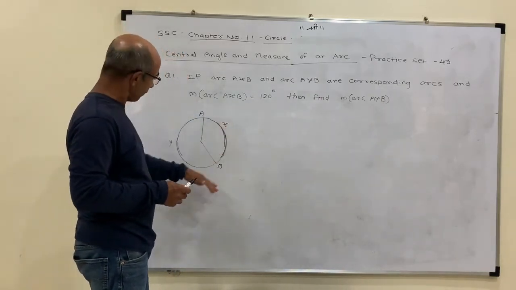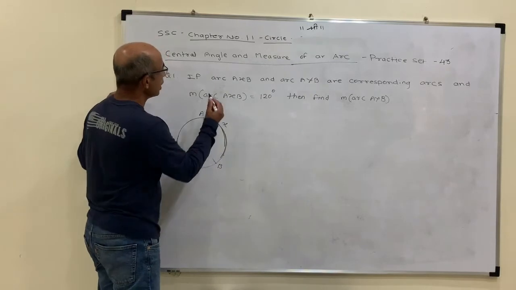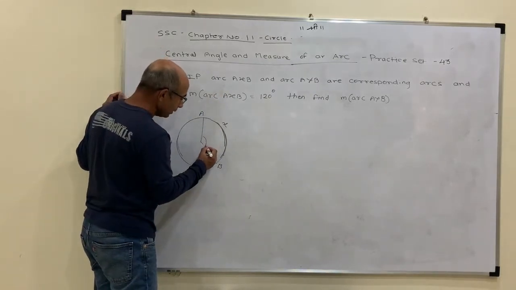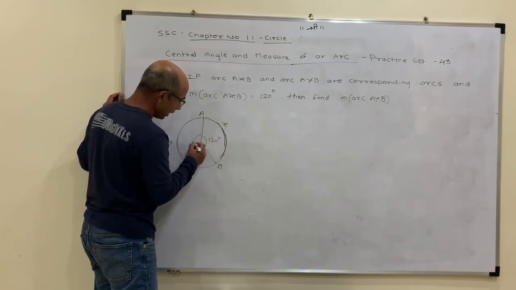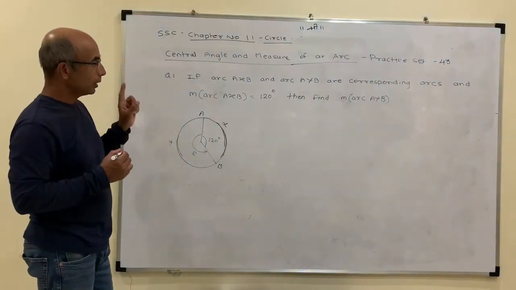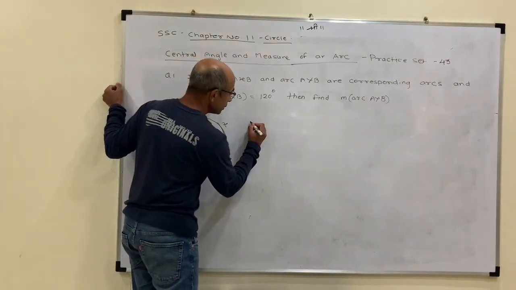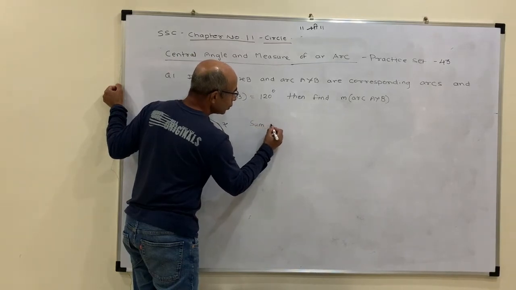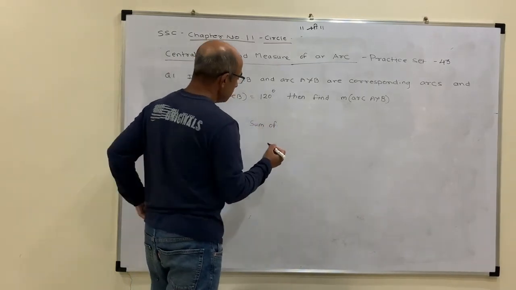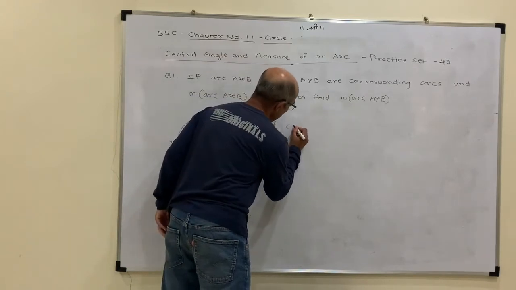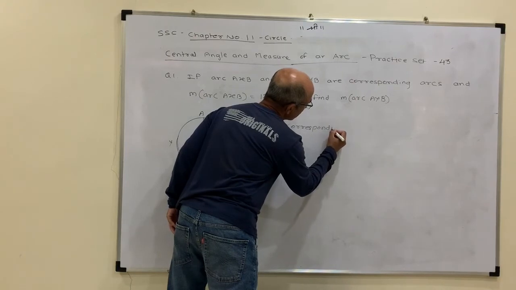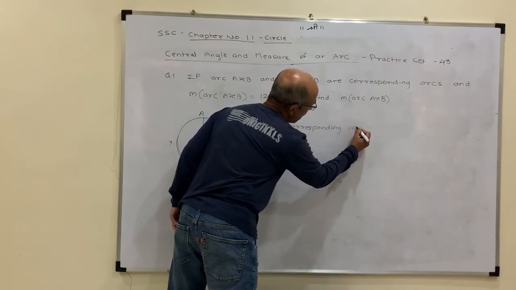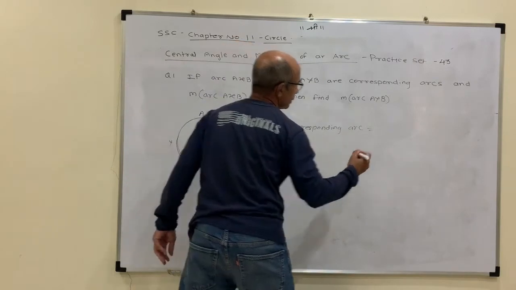So now I have drawn a circle for you. This is the arc given, which is 120 degrees, and this is the arc we need to find. Now note it down: the sum of any corresponding arcs is equal to 360.